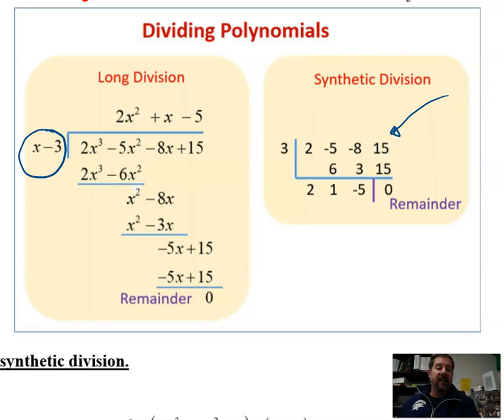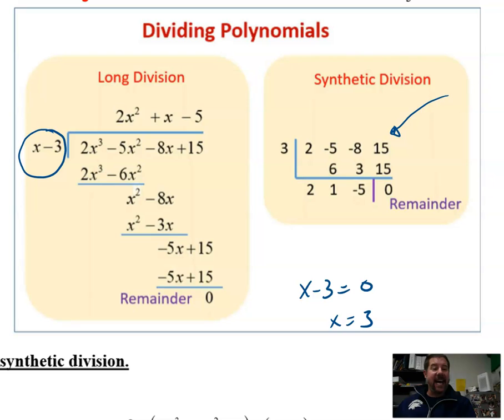The divisor is still on the outside. When we do our synthetic substitution, synthetic division, the divisor is on the outside. What we do is we use the 0 of the problem. If I take whatever I am solving and set it equal to 0, or, as you guys say a lot of times, I've got to change the signs. In this case, I'm going to put a 3 on the outside, and that's for this x minus 3 here.